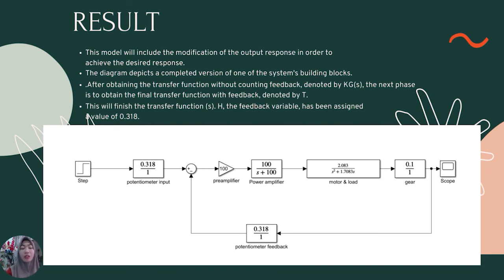This will finish the transfer function. The feedback variable has been assigned a value of 0.318. As you can see in the picture, this is also the Simulink building block.